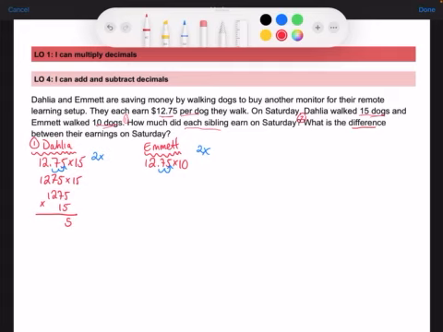5 times 5, 25. Carry the 2. 5 times 7, 35, plus 2, 37. 5 times 2, 10, plus 3, 13. And 5 times 1, 5 plus 1, 6. Okay, I'm done with that. Cross out that 5.